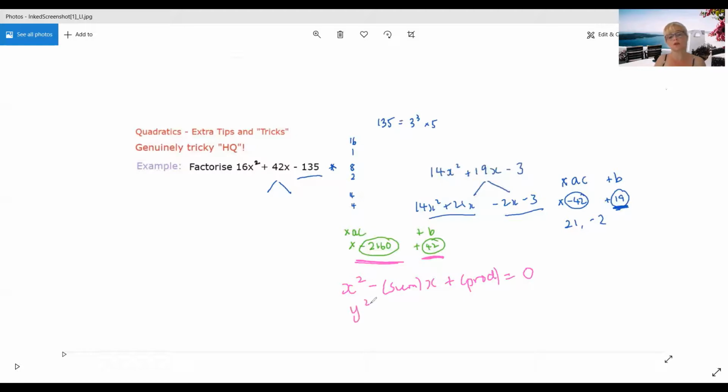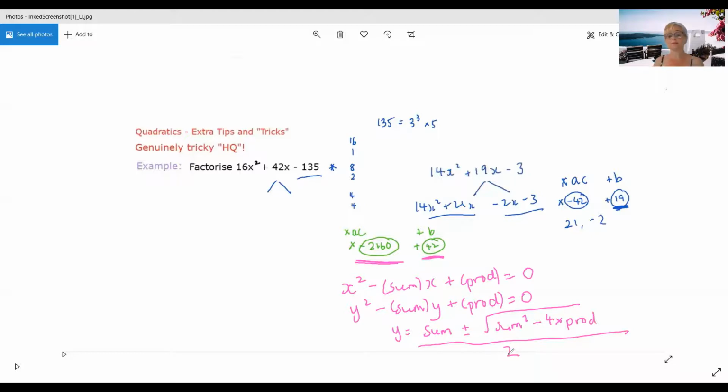So let's rewrite it as Y so that we're not going to get confused with our original equation, which was in X. So what we're wanting is that the solutions are going to be negative B, so it's your sum, plus or minus square root B squared, so your sum squared, minus 4 times A, which is 1, C. So 4 times your product over 2A. How are we going to use that to help us? Well, we're going to use it as follows.